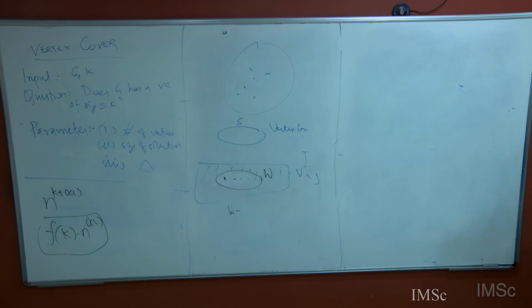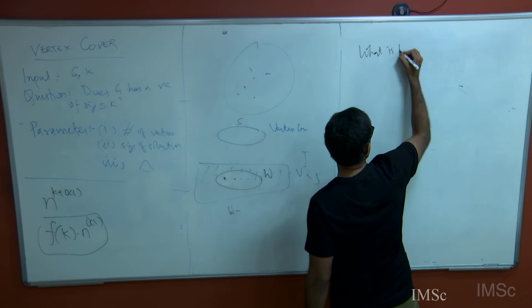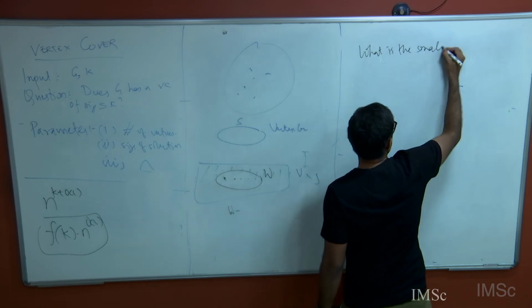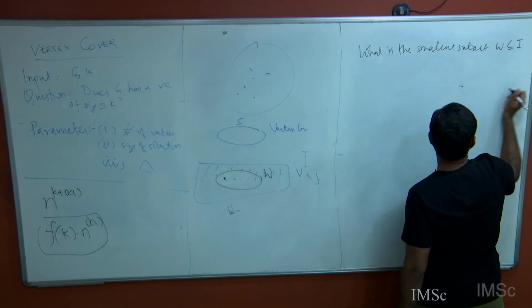Now I'm asking, what is the smallest subset W of I?